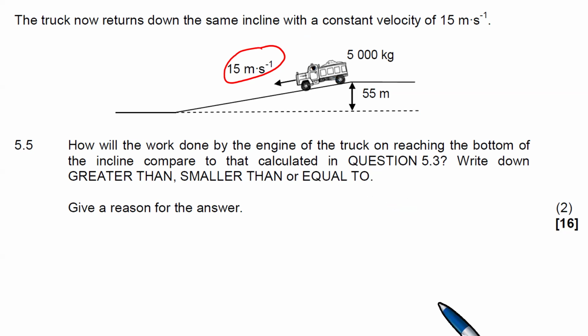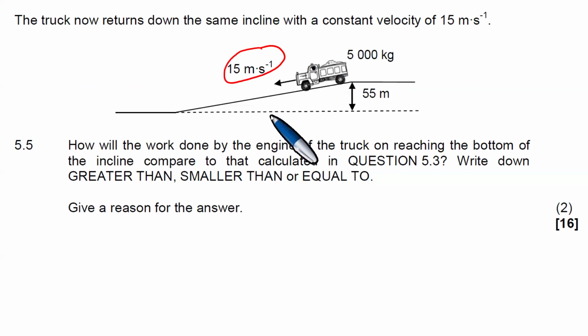Okay, let us take a look. Let us pause to reason these together. Is it actually gonna be equal or not? We are looking at question 5.5. The truck now returns down the same incline with a constant velocity of 15.